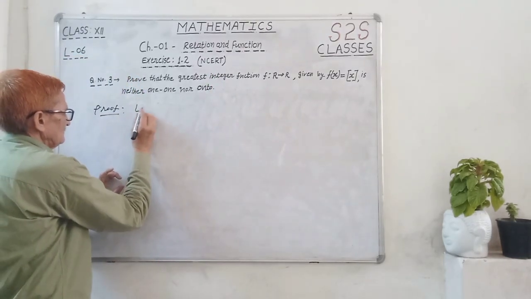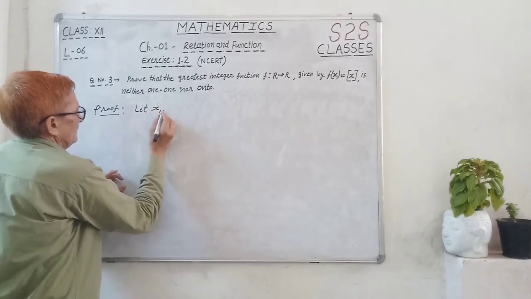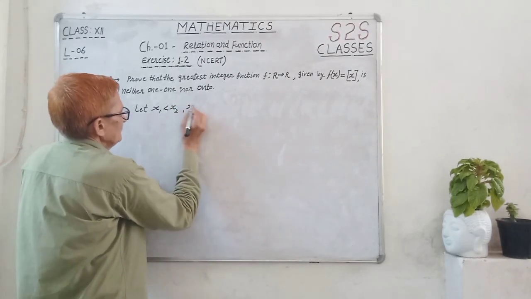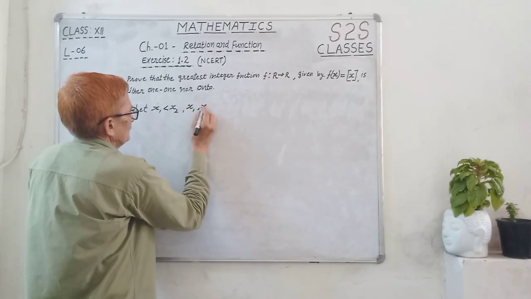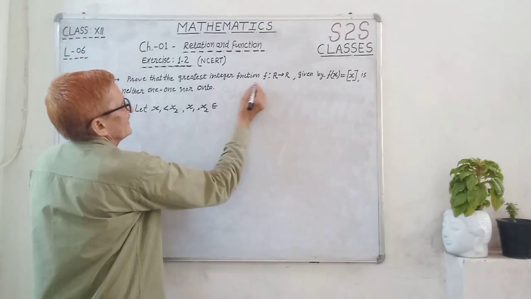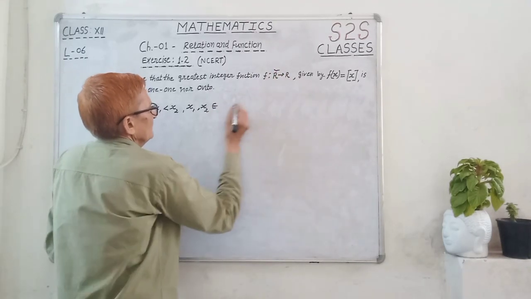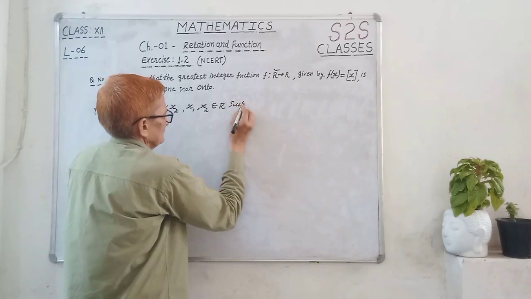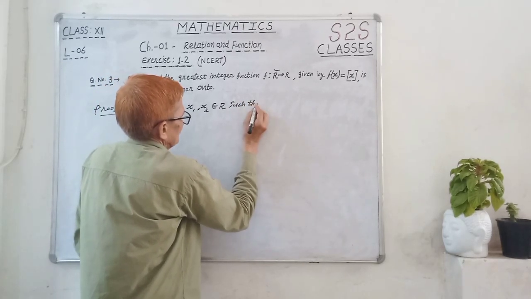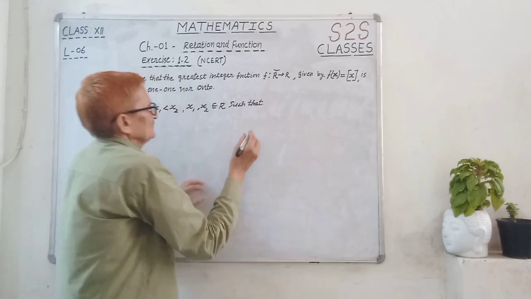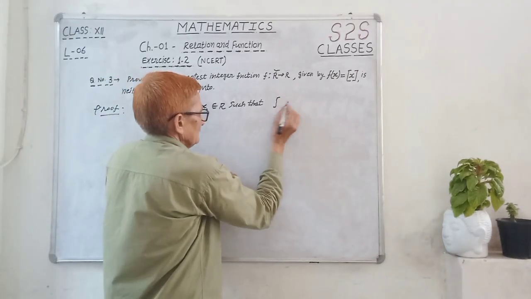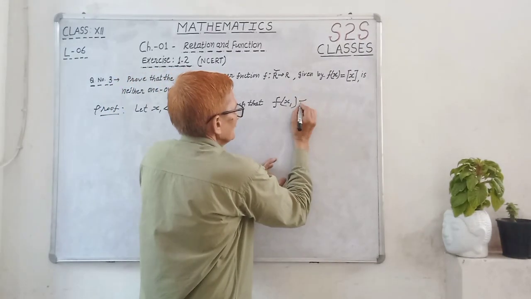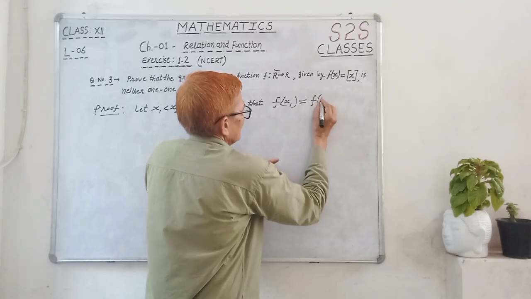So let x1 less than x2, and different, x1 comma x2 belongs to the domain set, the real number set, such that f(x1), the image at x1, is equal to the image at x2.